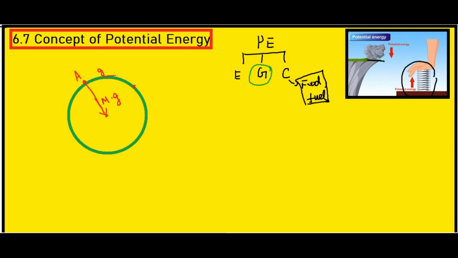If you want to move this object from point A to a point B above the earth's surface, then a force equal to mg has to be applied in the upward direction. The amount of work done on the object to reach height h shall be mgh.